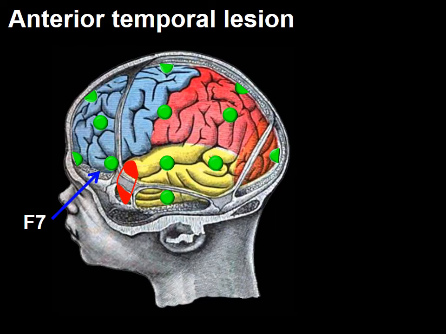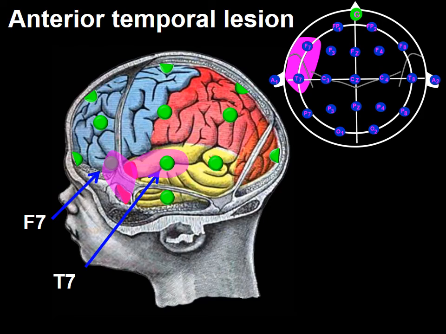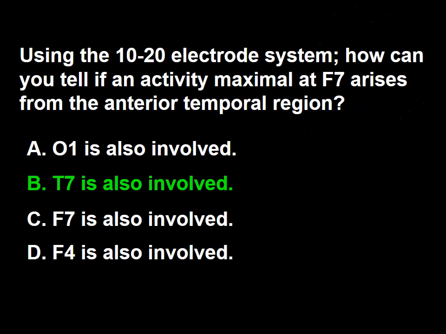As we have mentioned, such a lesion usually produces maximal involvement of the F7 electrode, but often the field expands to T7. I have added the diagram of the EEG placement that I have shown you so many times just for clarity. So the answer is B.